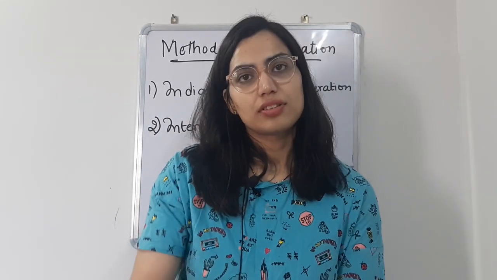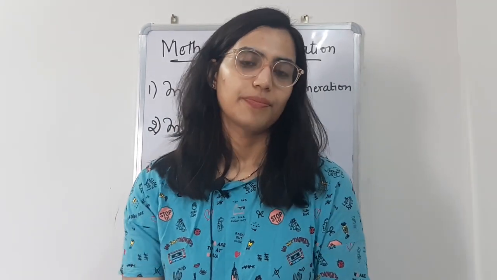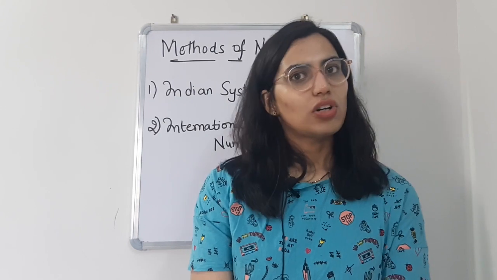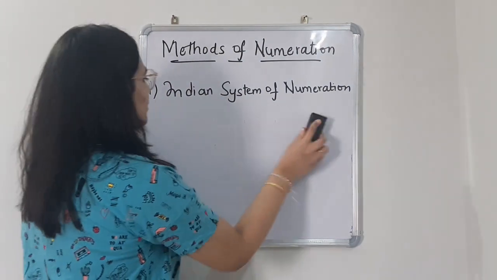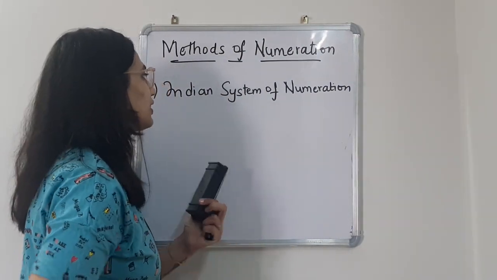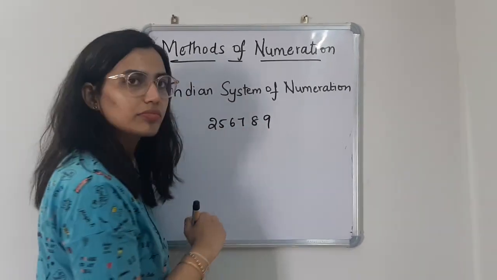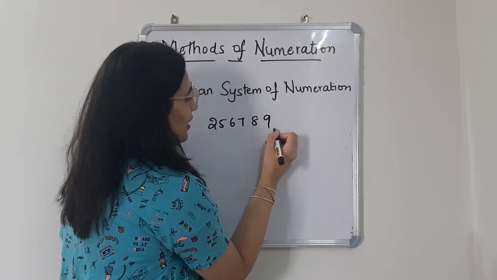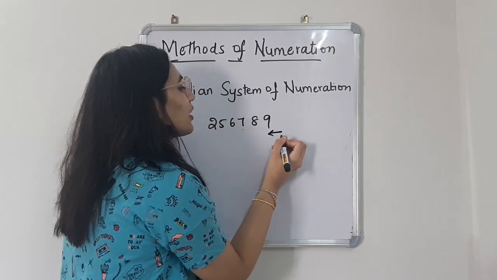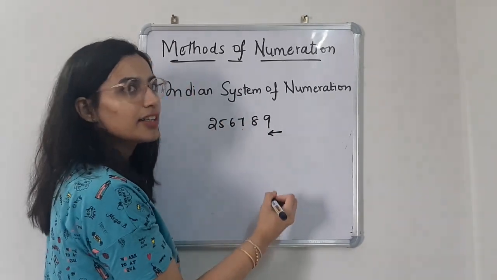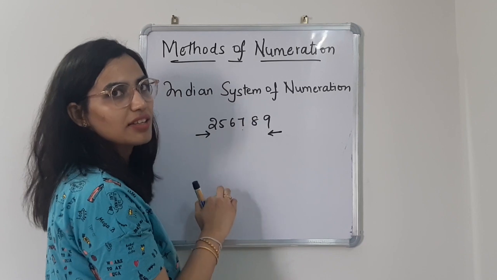There are a few common things between the Indian system and the international system. The first thing is that we always start from the right hand side. So we will put commas starting from the right hand side. We will never start assigning commas from the left hand side.